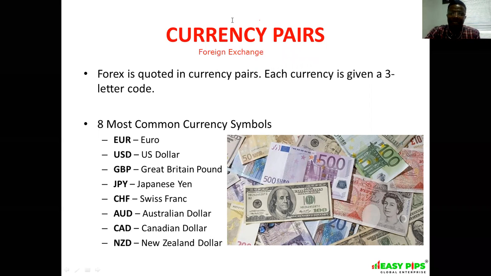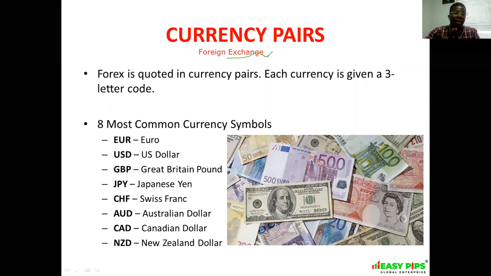And trust me, an exchange cannot happen if we don't have two things involved. An exchange cannot happen if you have just one thing. So before an exchange can happen, you have to bring two things together.